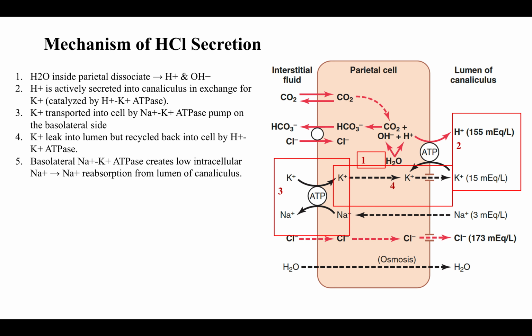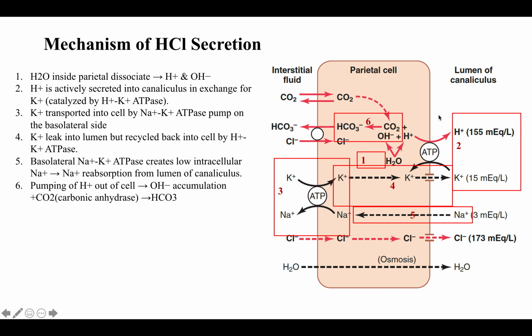Now, at the basolateral membrane here, because potassium is transported inside and sodium is exported outside, this will result in low intracellular sodium. So sodium will come from the lumen of the canaliculi into the cell.